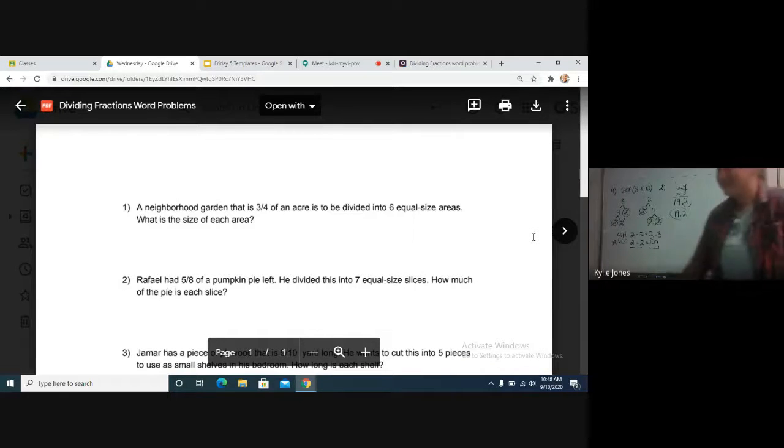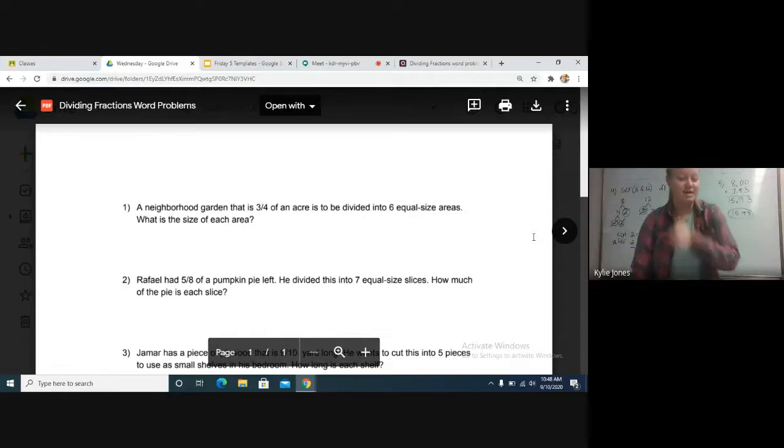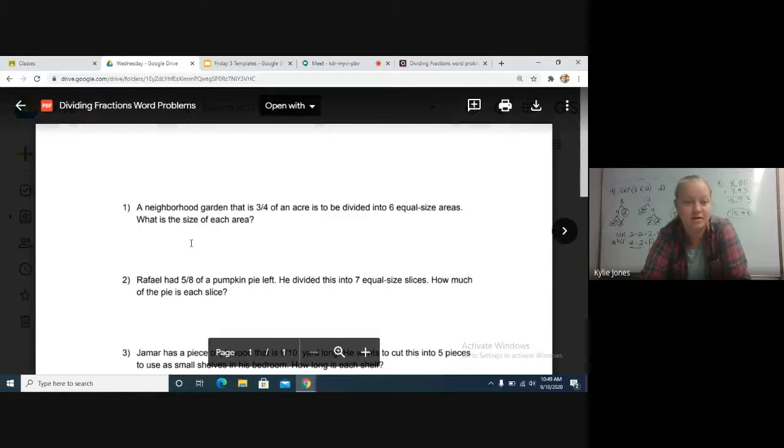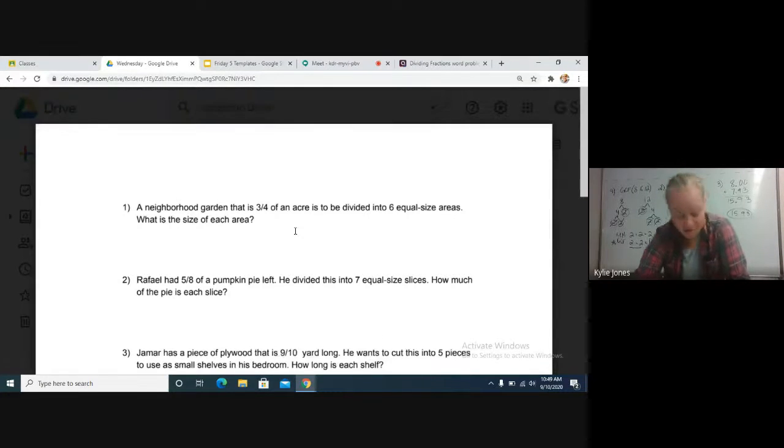All right. With word problems, the main thing we need to do is find some keywords, right? So for number 1, it says a neighborhood garden is 3/4 of an acre, is to be divided into 6 equal areas. What is the size of each area? So we know we're doing division because that's the whole standard.